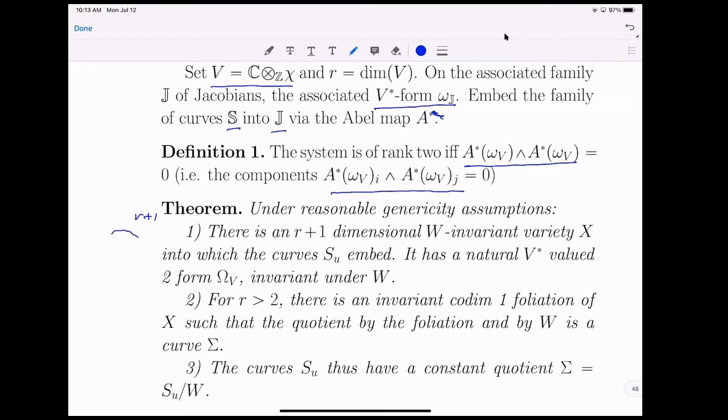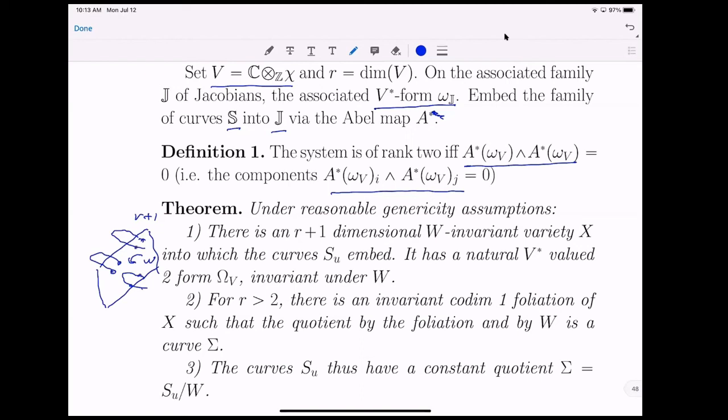And your spectral curves are going to embed in this thing, just reproducing the picture that I had. And there's going to be an action of the Weyl group on this R+1 dimensional thing. What's surprising is that there's enough invariance here so that there is a foliation by codimension 1 varieties.